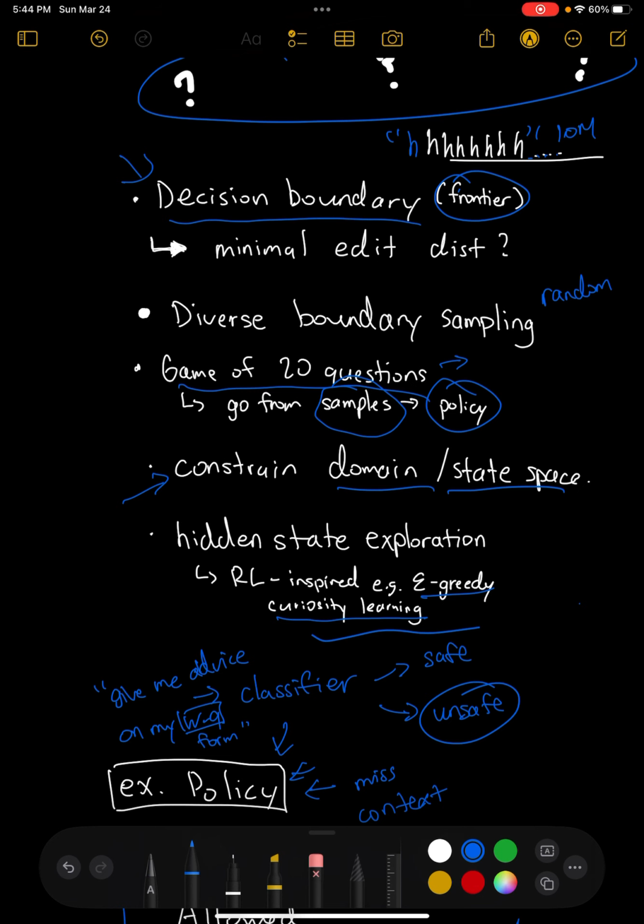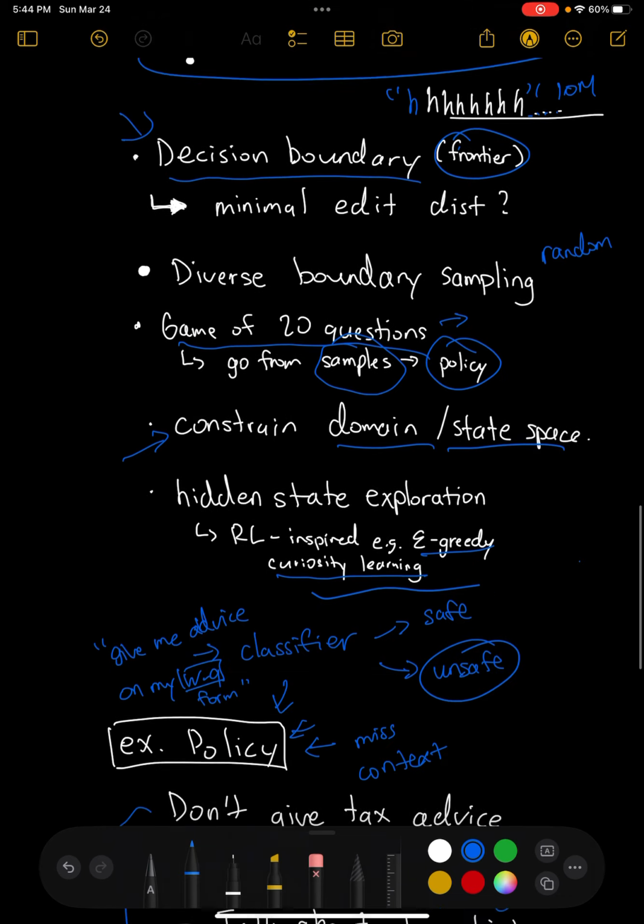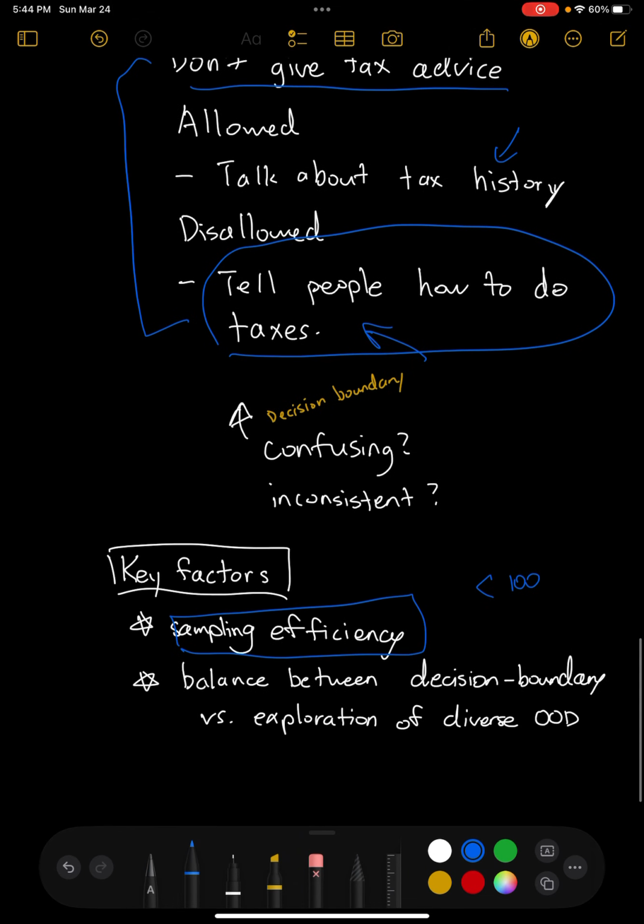But any advice on any of this or any insight on how we should sample these data points while balancing between the decision boundary approach versus the exploration approach would be really helpful. Thanks.